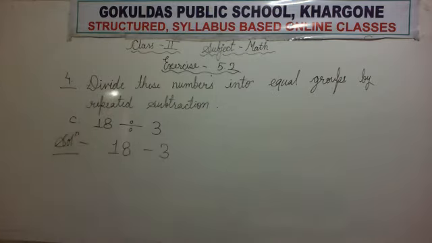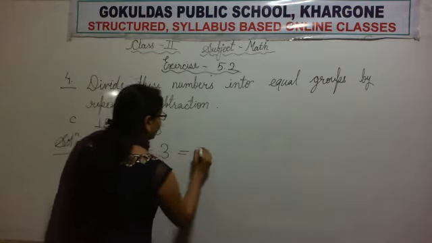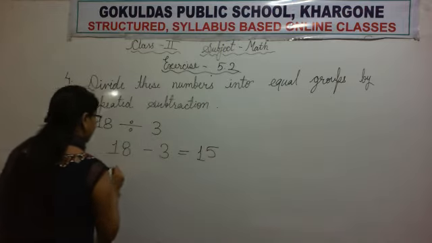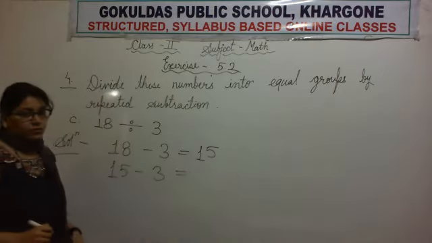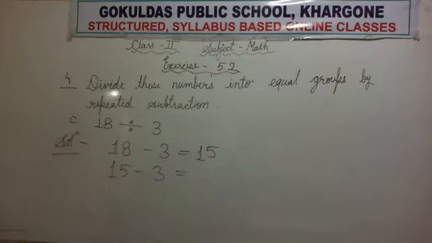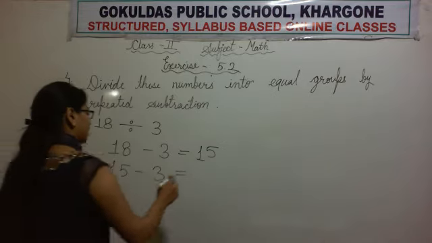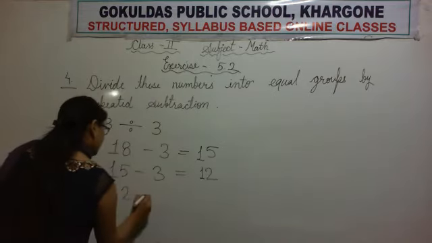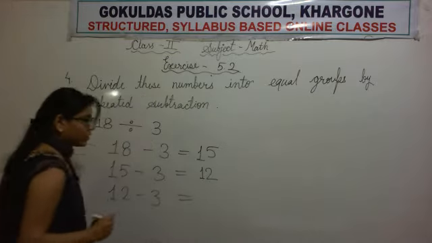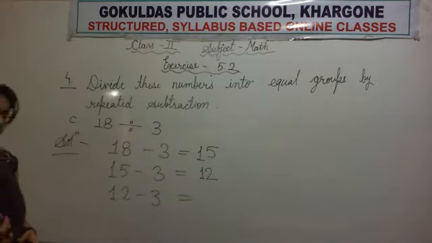18 minus 3. 18 minus 3 is, very good, 15. Now 15 minus 3 is 12. Now 12 minus 3 is equals to 9.